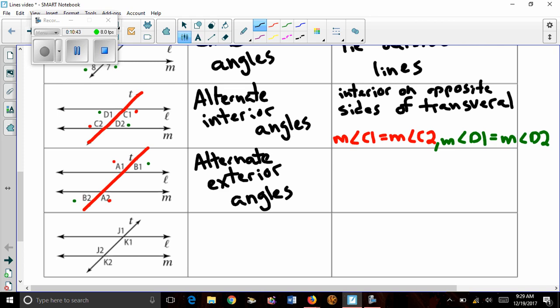Similar to the definition above, they are exterior angles on opposite sides of the transversal.